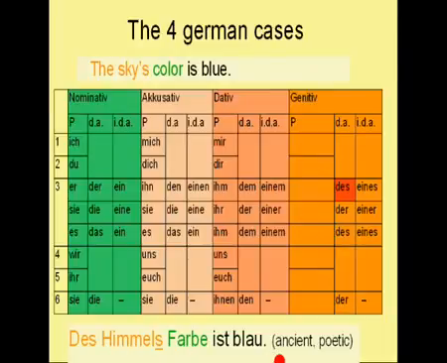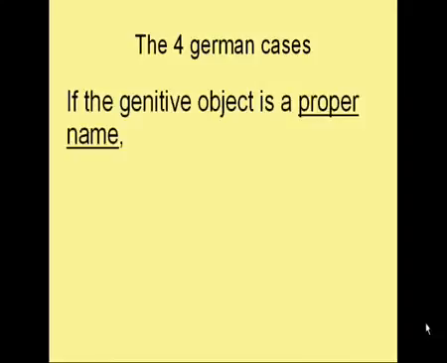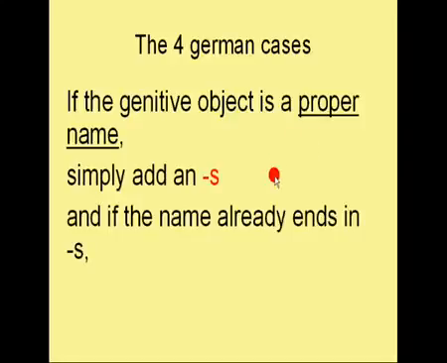The only time when we use this word order in the modern German language is when the genitive noun is a proper name. Now what you need to know is that when a genitive object is a proper name, we simply add an S, and if the name already ends in S, we add an apostrophe.